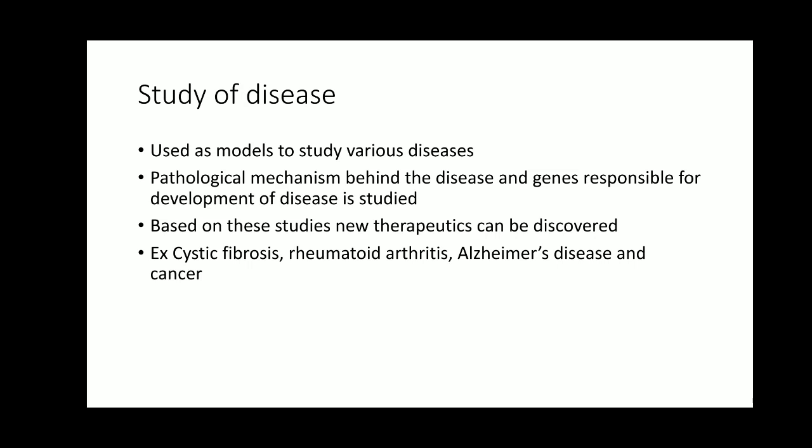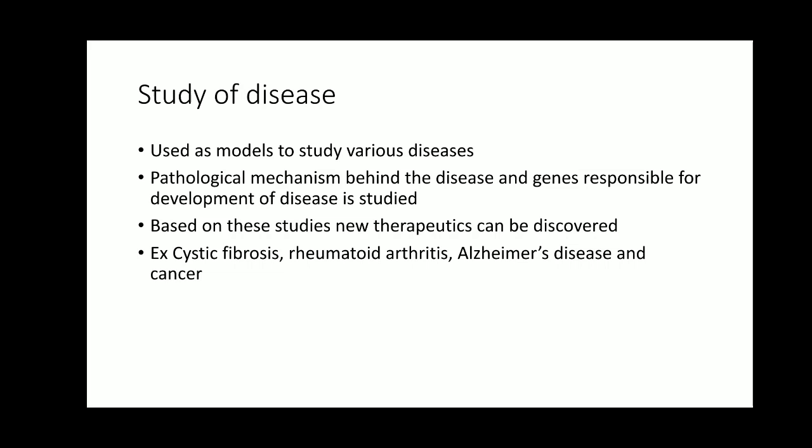Patients suffering from cystic fibrosis have a sticky mucus that causes accumulation of mucus in the lungs and other organs, leading to complications such as respiratory disorder as well as diabetes. So it is a genetic disorder because of the mutation in the gene coding for the CFTR protein.